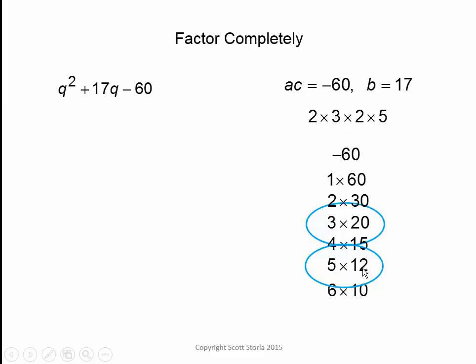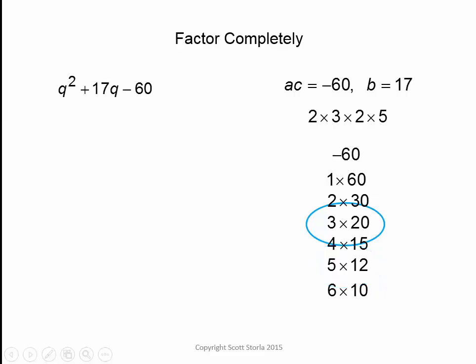But 5 times 12 gives us a positive 60, not a negative 60. On the other hand, this could be a 17 if the 3 was negative and the 20 was positive. Negative 3 times 20 would give us negative 60, and negative 3 plus 20 would give us 17.